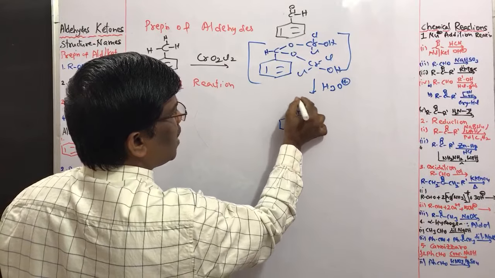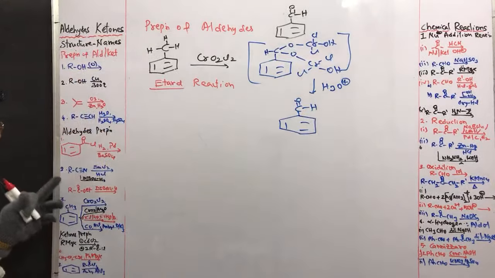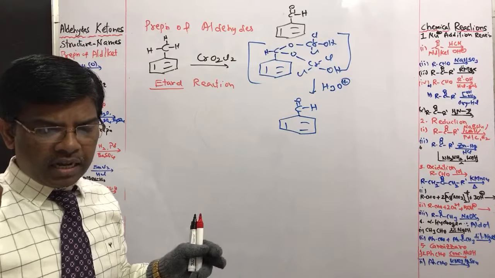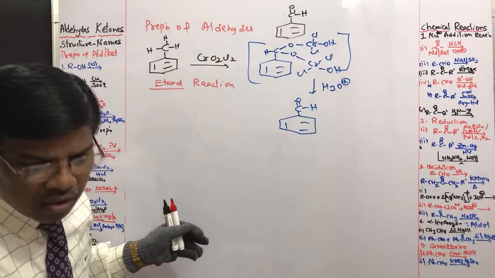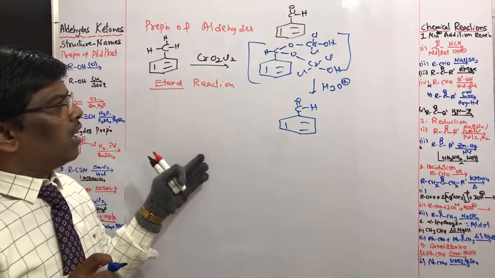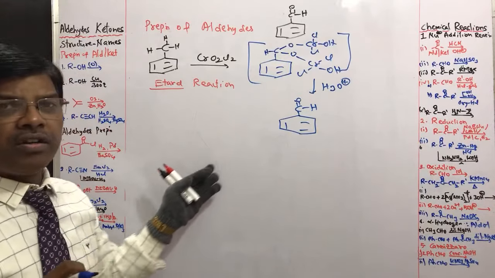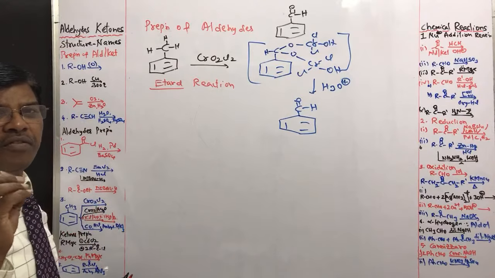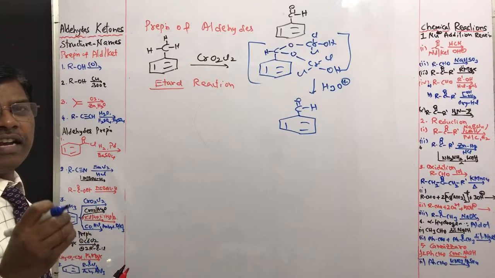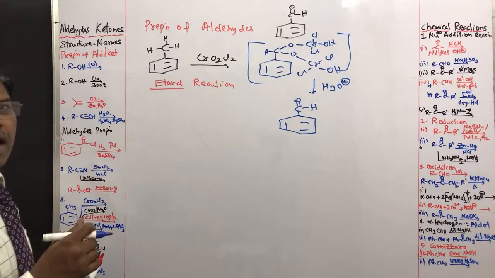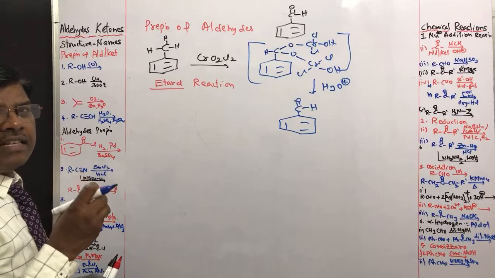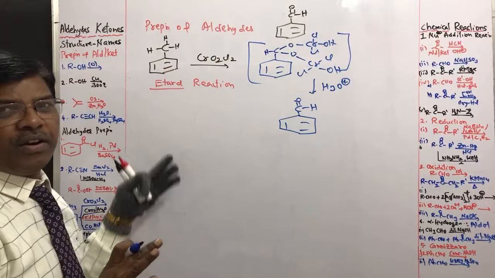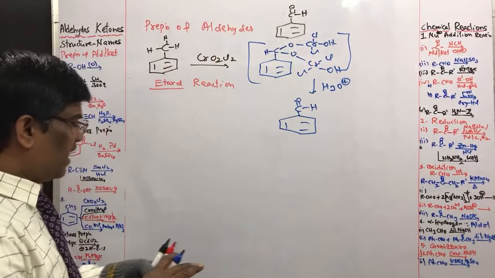And these 4 methods of benzaldehyde preparation are very specific and important, and have to be remembered throughout your life, because you may get these questions during your interview also. So if you have already completed your PG degree and you are going to work as a chemist, I am sure you are going to get these questions, right?